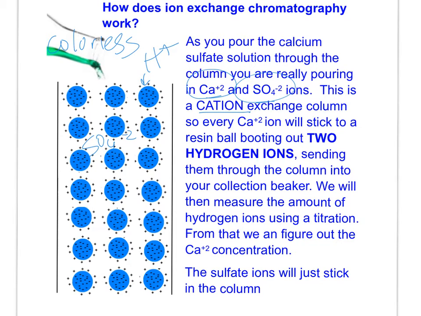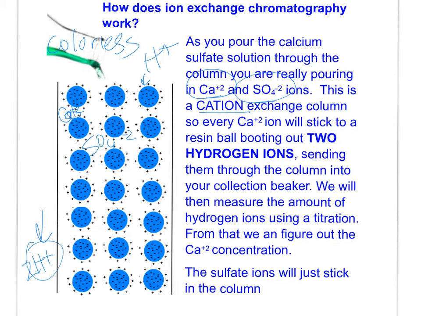Then the calcium 2+ ions are actually going to do an exchange with 2 positive H+, and send the H+ through and out the tip, and the calcium 2+ will stay. But what's important to know is that for every 1 calcium, we get 2 H+ coming out the other side.